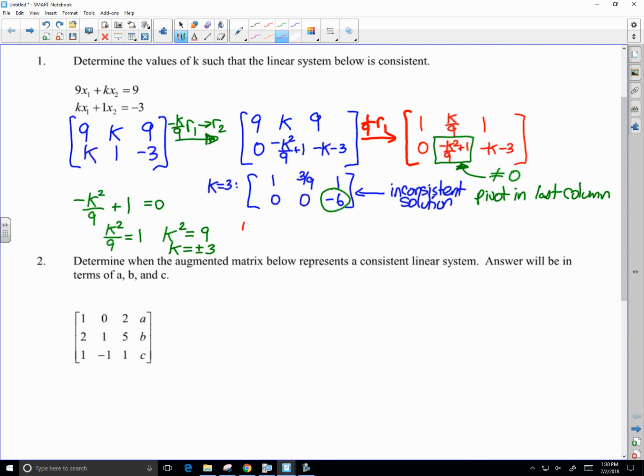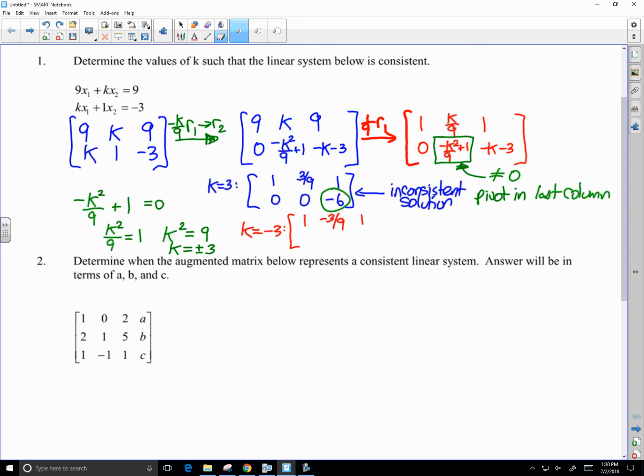So let's take a look at k equals negative 3. All right, so if I put in a negative 3, I get 1. So the top row is irrelevant, but I'll write it anyway. Negative 3/9, so negative 1/3 if you want. 1, we still get it, oh, not 1, 0.